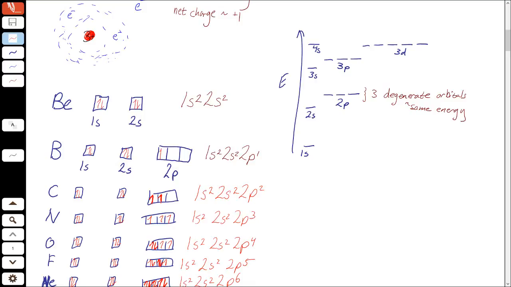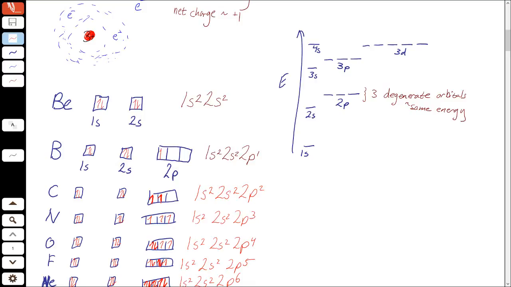All right, how many electrons did we say fit in the P? 6. And how many elements are between boron and neon? 6, right? So we sometimes call that the P block. These elements in those columns all have their outermost electrons, their highest energy electrons, in the p orbitals.